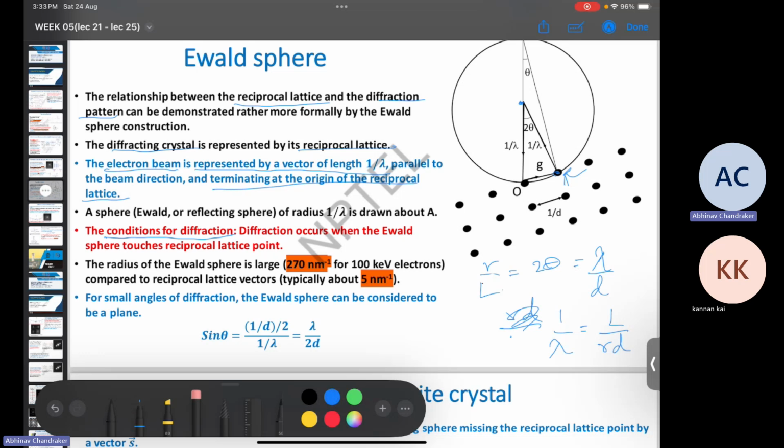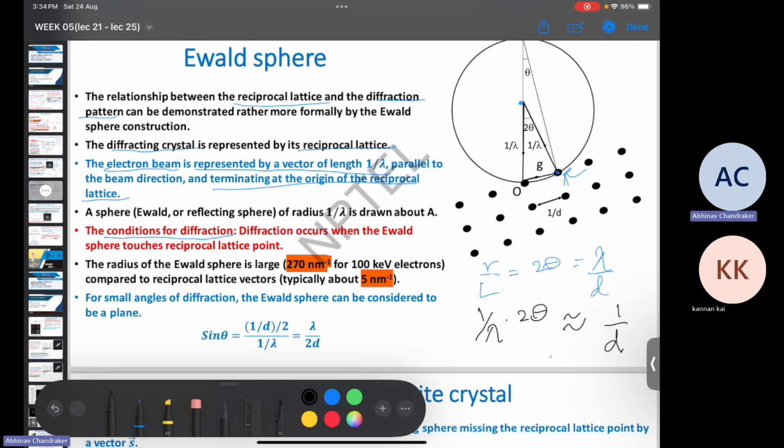Or okay, sorry for confusing you all. We can simply see that if this is the case here for this sphere, then if theta is very small, 1 by lambda, which is the radius, into 2 theta will approximately be equal to the magnitude of the g vector, which is 1 by d.